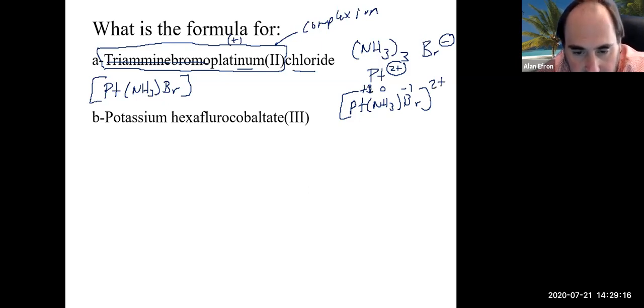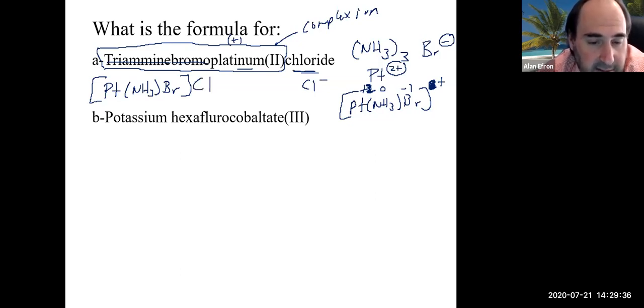I'm sorry, that's +2. And so it is +1 in that case. It'd be good to use the right number there. So +2 and -1 is +1 overall. And that's important because my counter ion, which is chloride, is -1. So that tells me I just need one of those to balance it out. And that would be the correct formula for it.